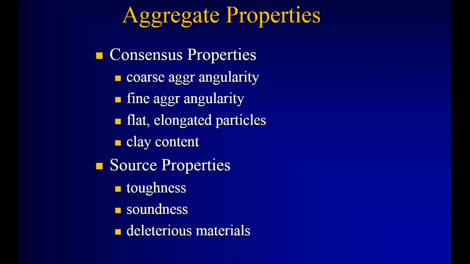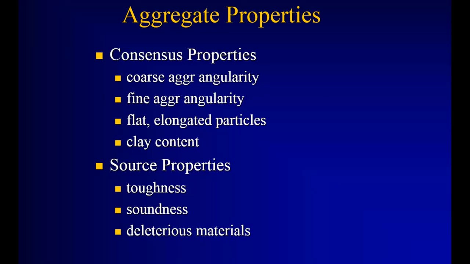So on the aggregate side, not that most of these weren't around in the Marshall era. Coarse aggregate angularity here you can see is the first consensus property of a Superpave aggregate. And the two types of aggregate properties, whether they're physical or quantitative or qualitative, were separated into two different types: consensus properties and source properties.